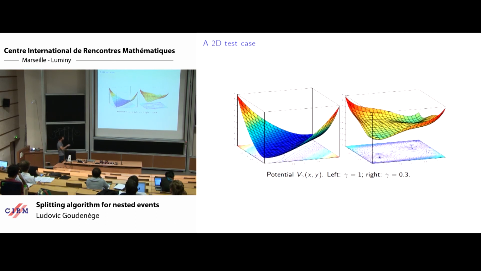Okay, very easy. The particles can move in the box, and of course they want to go from this place to this place. So when gamma is equal to 1, it is really easy to understand that the particles will go straight from A to B following this straight line. Okay, it seems quite evident.